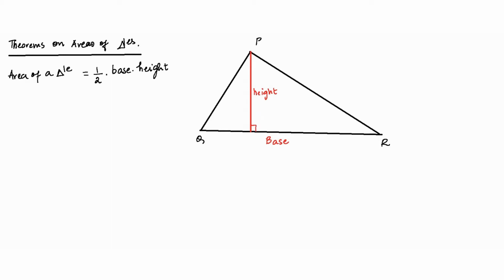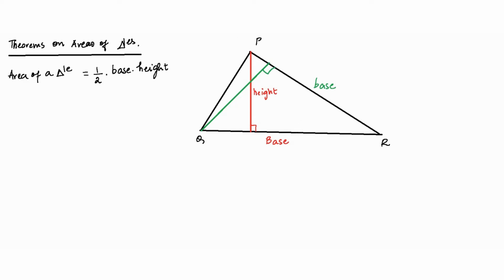Similarly, if I consider PR as my base, then from the opposite vertex I have to draw a line which is perpendicular to this base, right? And this is the combination of base and height.